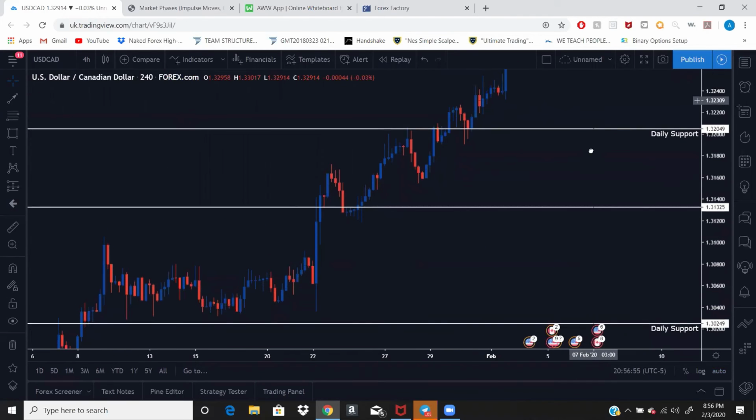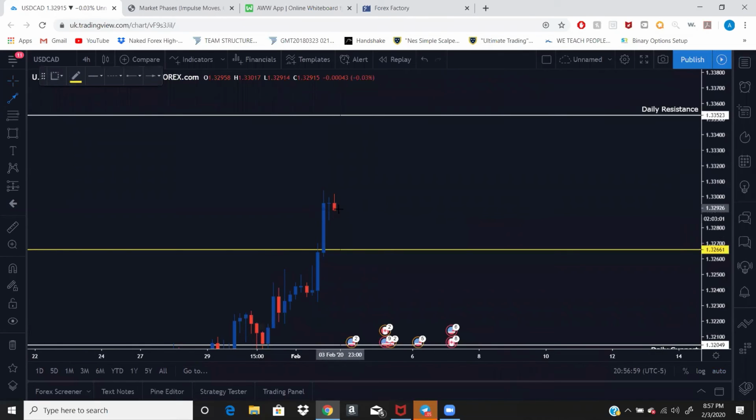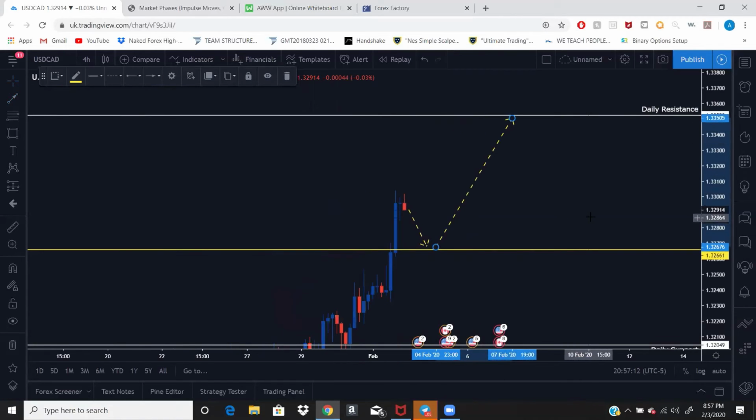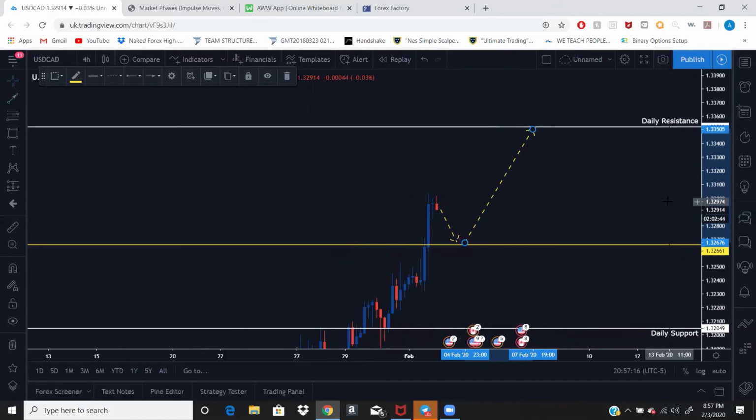Okay, yeah. So I do expect to see this pullback, bro, to 1.32660. But I definitely see it going to complete this move to 1.33500, to this daily resistance.